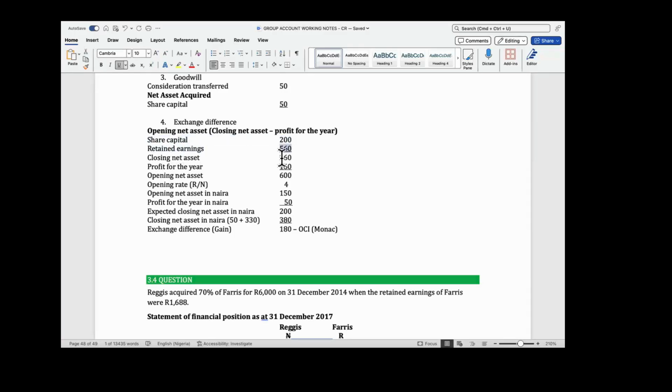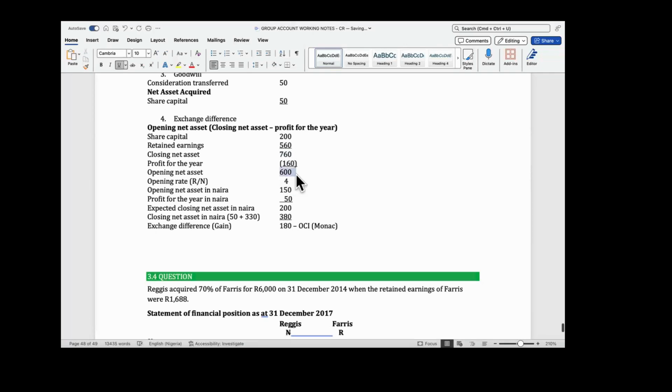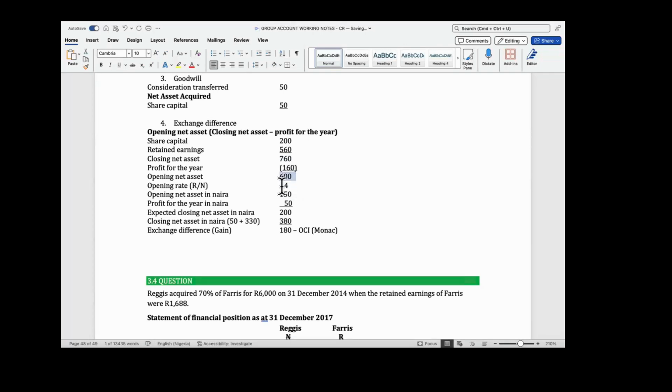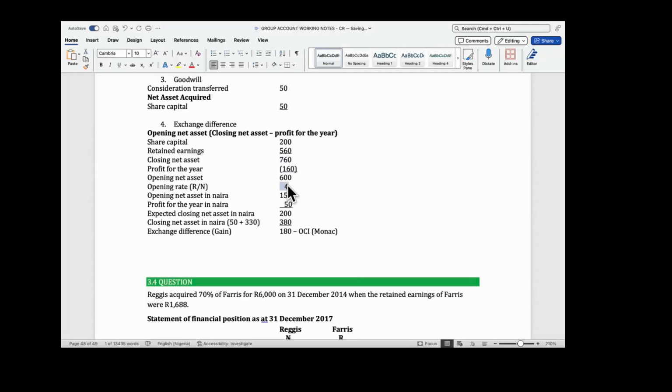So we remove it. And I got my closing net assets, share capital plus retained earnings, in foreign currency. Then I deducted my profit for the year. In foreign currency, I got my opening. And I translated it at the opening rate. That last year, this was the opening. Fine, I got this. I now assume that, okay, let me add profit for this year that we got. My expected closing net assets in naira should be this.